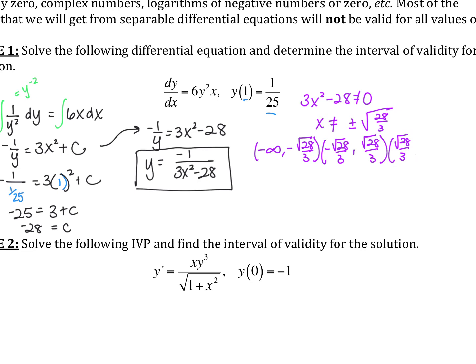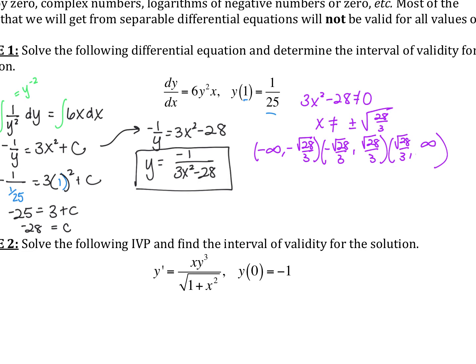Okay, so we have these 3 intervals. And eventually I'm going to hope you get past writing the 3 intervals because we need to talk about them. That one solution yields 3 intervals for this function.